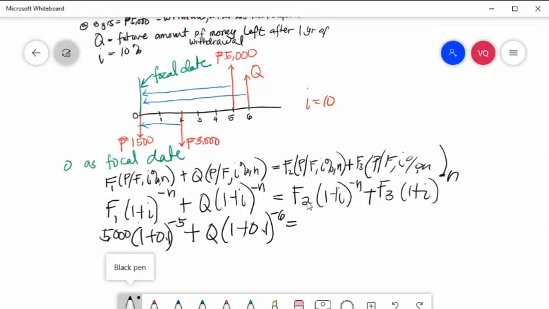Equal to our F2 which is 1,500 times (1 plus 0.1) raised to 0, plus F3 is 3,000 times (1 plus 0.1) raised to, from the second year to 0, so 1, 2, negative 2.